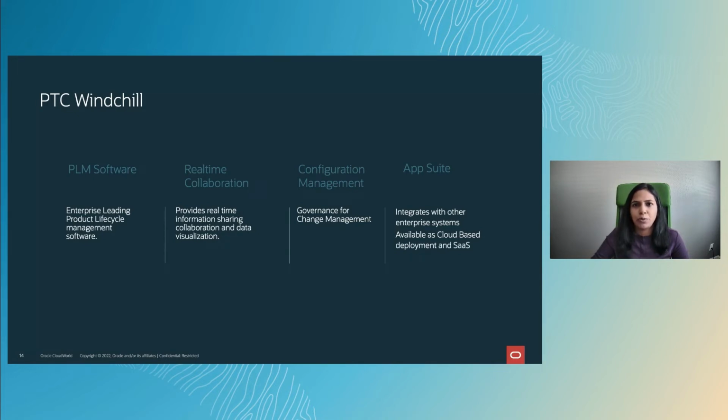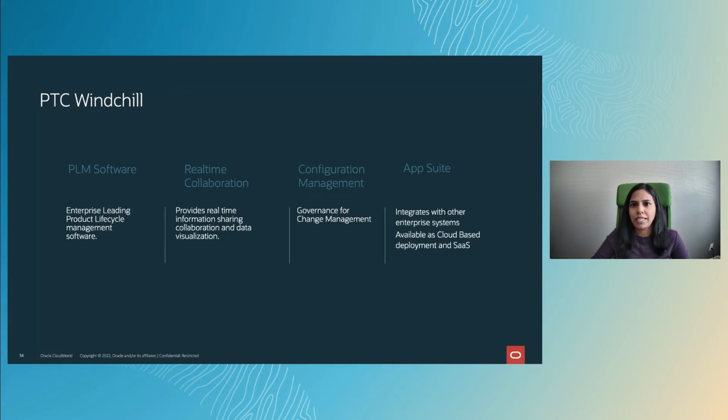The key components would be configuration management as well as real-time collaboration. There are highly advanced data visualizations available for stakeholders across the different phases of the product lifecycle. The application suite is very modular.